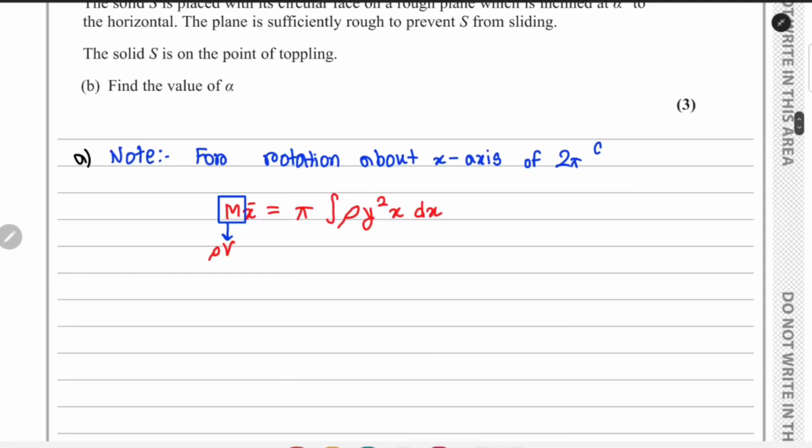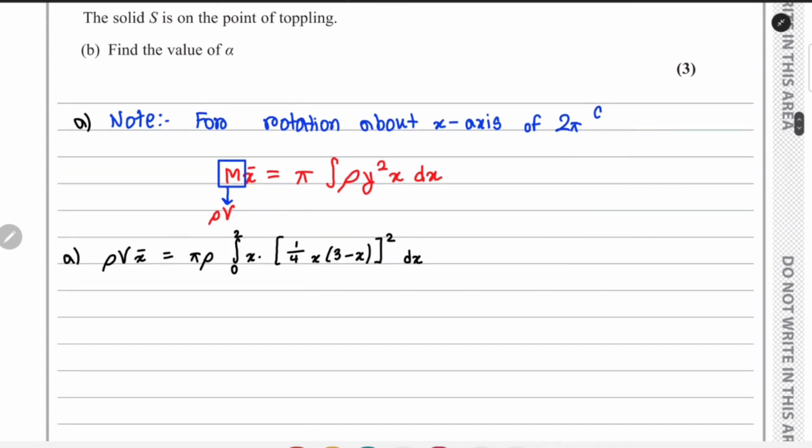So we can write m as ρv because ρ equals m by v. So m equals ρv. We can take ρ common outside here because this is a constant.